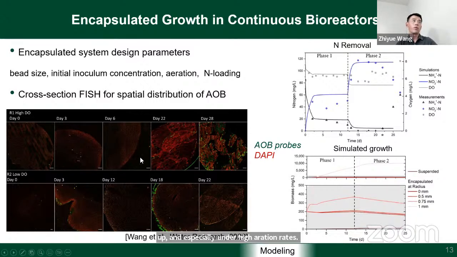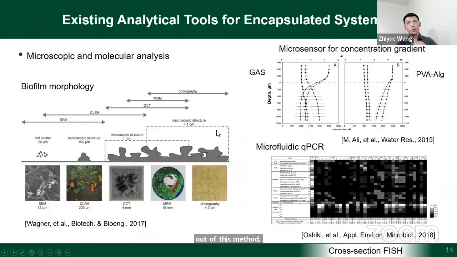So this is more of a qualitative analysis. We want to see if there's any more information that we can extract out of this method. So we looked at some of the existing tools for studying encapsulated systems. There are a lot of microscopic tools available to look at biofilm morphology, for example.